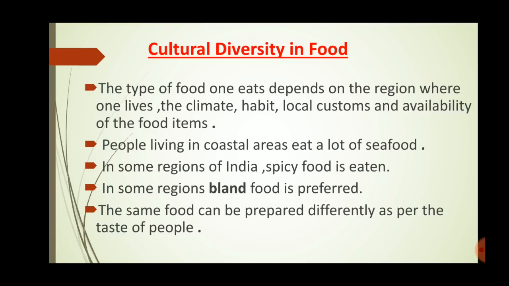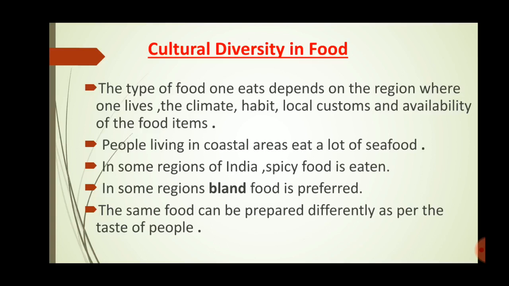Indian food is unique because of the different types of ingredients used to cook different dishes, namely grains, pulses, spices, oil seeds. People living in coastal areas, meaning the places located near water bodies like rivers and the sea, eat a lot of seafood like fish and prawns.